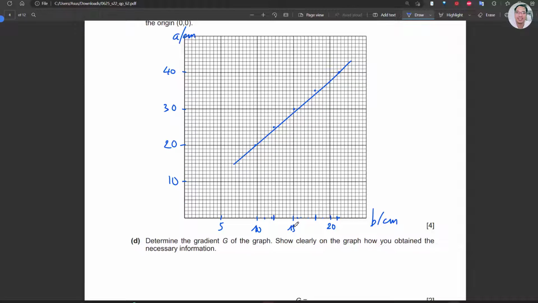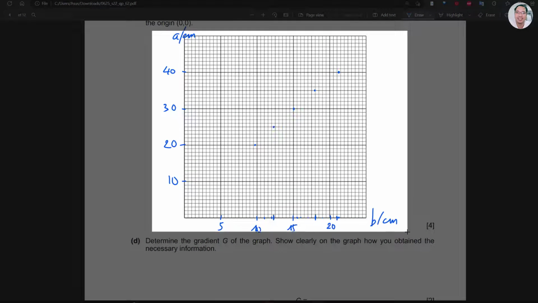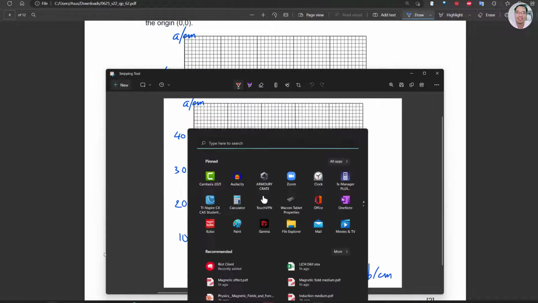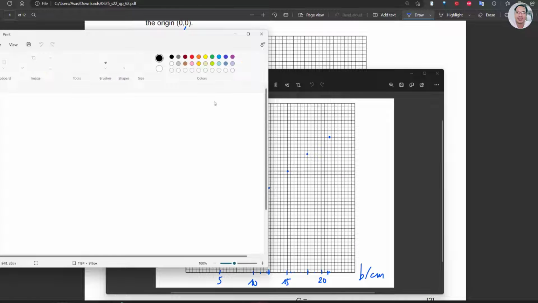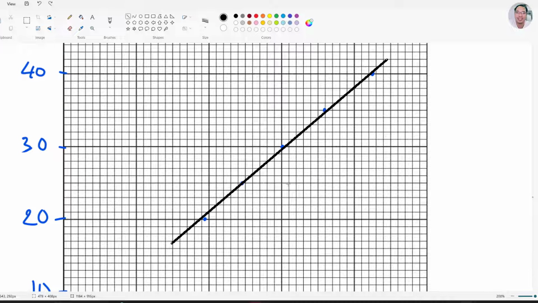Yeah, it will be better. Let me copy it to a pen. Okay, now drawing a line through these points is much simpler. Not necessarily through all the points, but the best fit. Okay, now calculating the gradient.